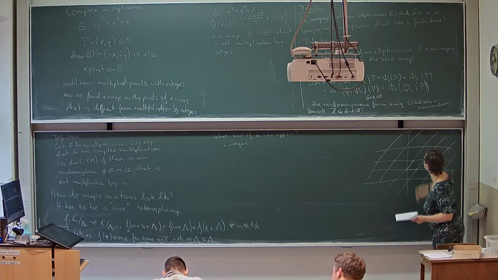So M times 1 must be in the lattice, because I said M times the lattice is a subset of the lattice, and the lattice contains 1 and some tau. I think we called it tau. So M times 1 has to be in the lattice, but if M times 1 is in the lattice, also M squared must be in the lattice.